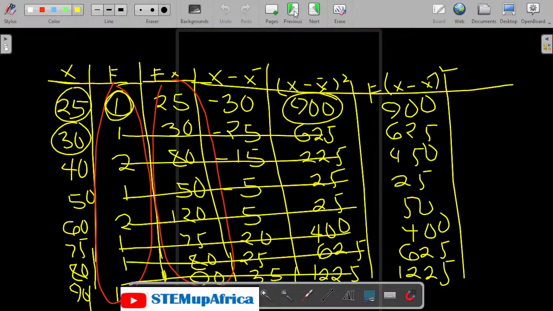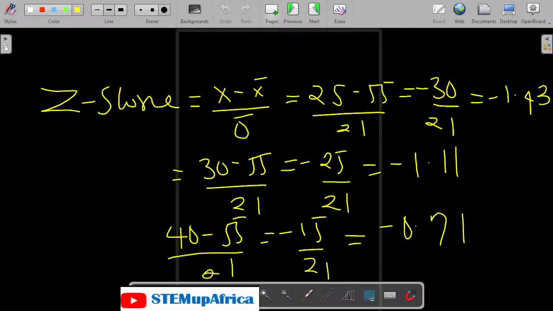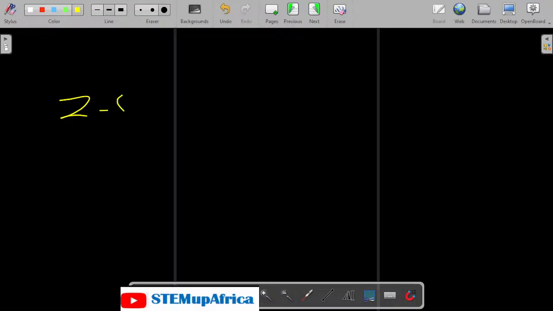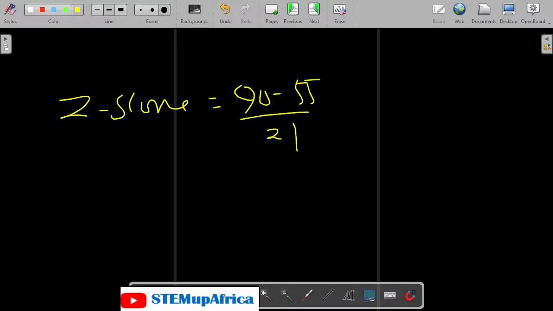So for 90, let's do the last one. The Z score for 90 will be 90 minus 55 divided by 21, which is 45 divided by 21. What are we having? 45 divided by 21. That will give us 2.14.